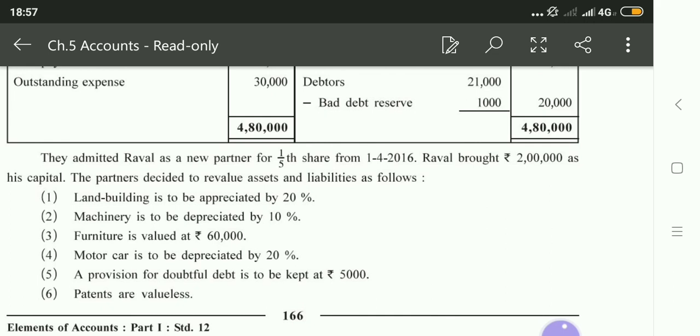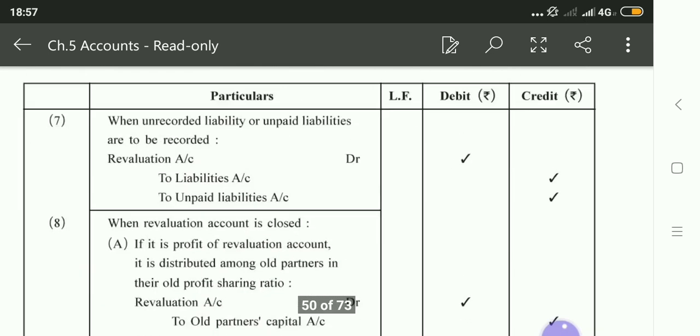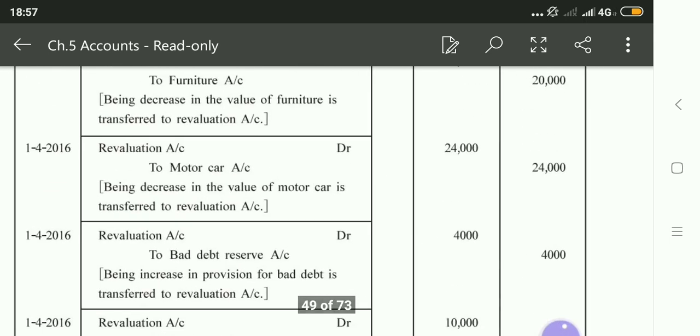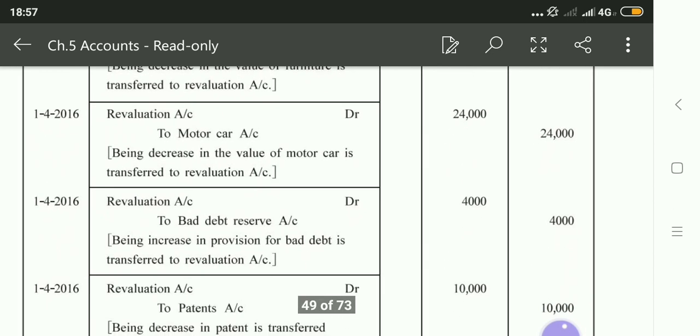4,000 rupees. So the journal entry, bad debt reserve. If you remember the specimen journal entries of chapter 4, the journal entry for this is revaluation account debit to bad debt reserve account. Let us quickly check the journal entry. Yes, I can see here revaluation account debit to bad debt reserve account, 4,000.